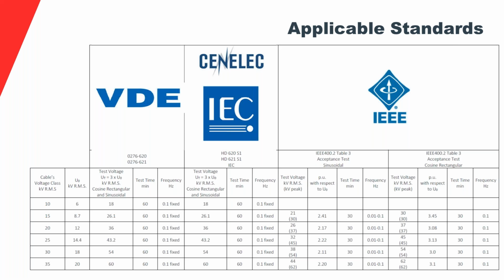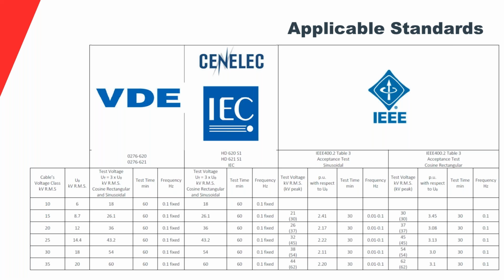Specifically, there's a difference in wave shape. Not all wave shapes are treated equally here. The frequency can be reduced. If the test set cannot charge the cable properly, the testing time is slightly different.